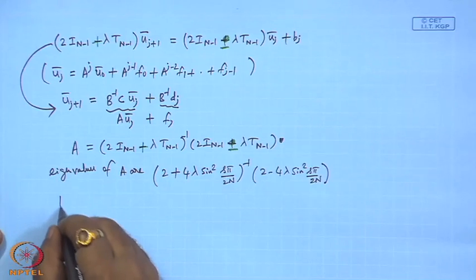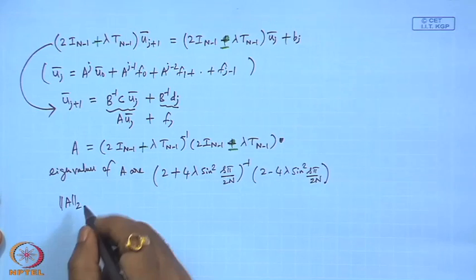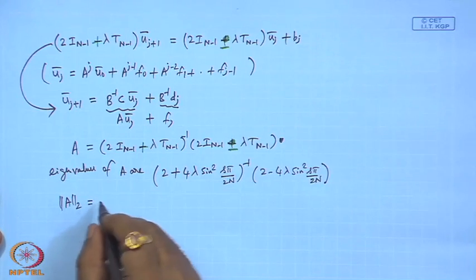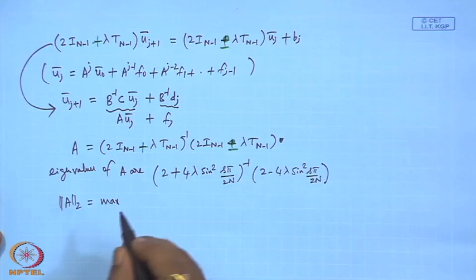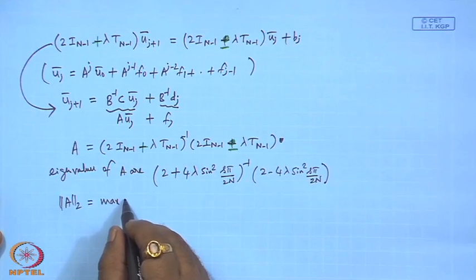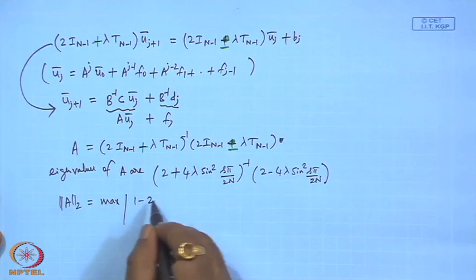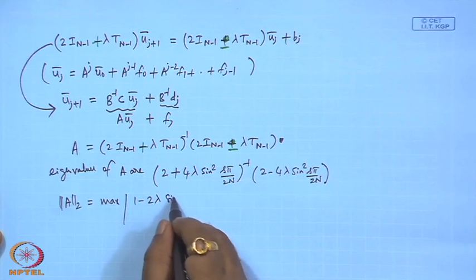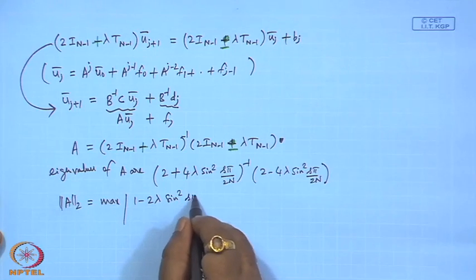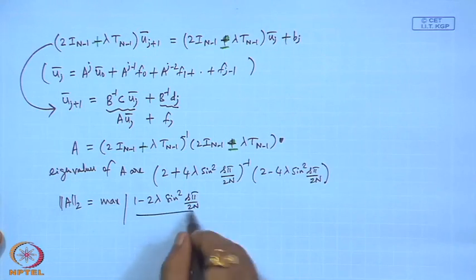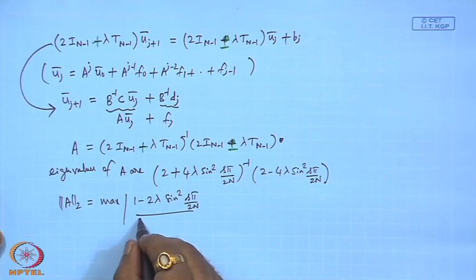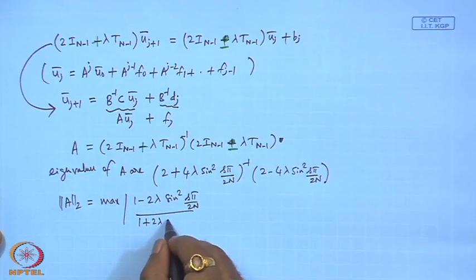So, now with respect to this 2 norm, this is maximum of 1 minus 2 lambda sin square pi by, over 1 plus 2 lambda.